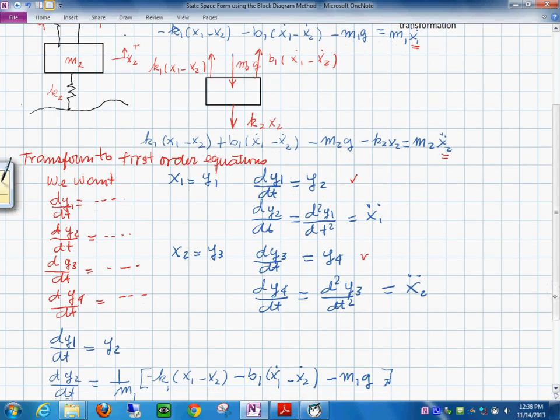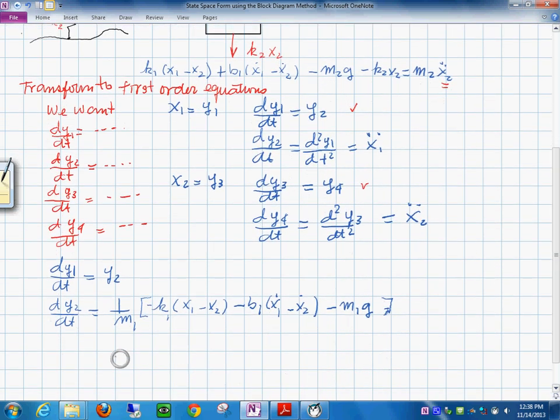So you see, this is an issue here, that this would be easy to modify. So it would be a form that you can modify. Minus k sub 1. What is x1? Is y1, right? What is x2? Is y3. And then you have minus b sub 1. What's x1 dot?